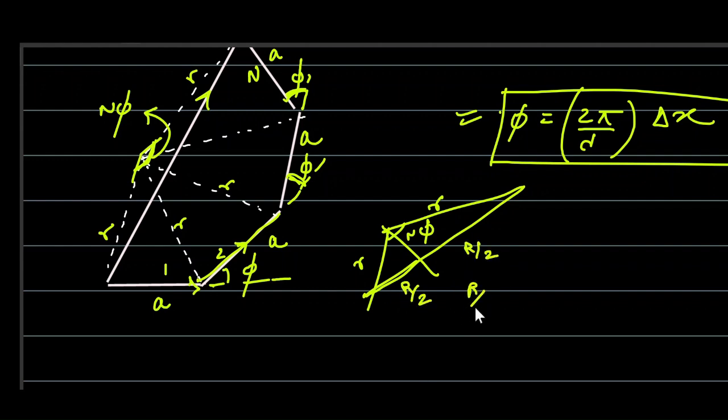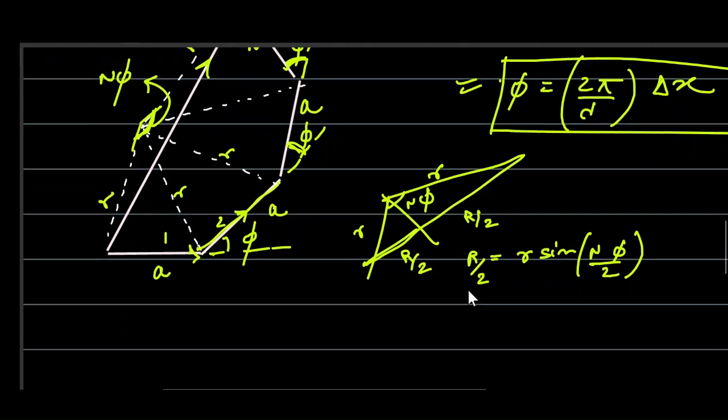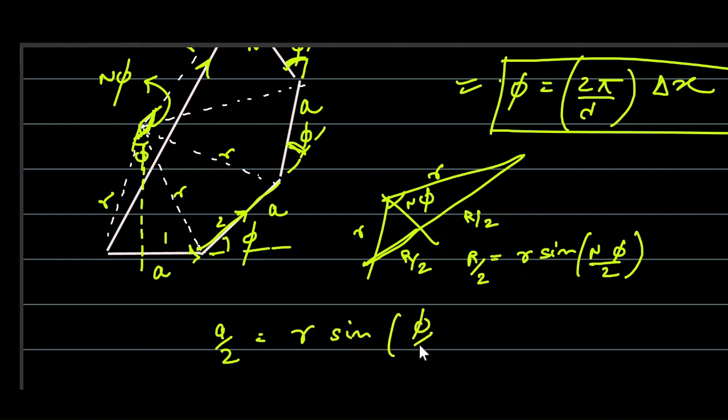We can write that r by 2, where capital R is the resultant amplitude, equals small r times sine of n phi over 2. Observing the triangle in which everyone has this angle of phi, we can write that a by 2 is small r times sine of phi by 2.